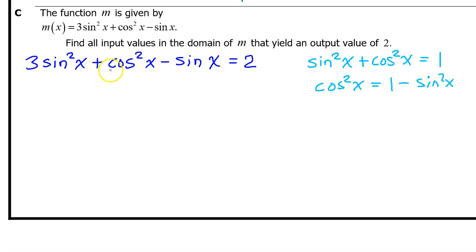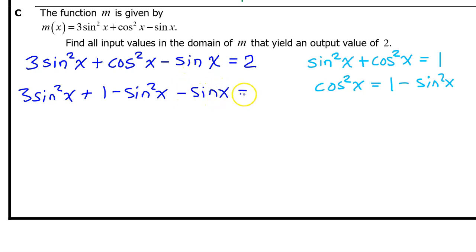So let's replace cosine squared x with 1 minus sine squared x. That will leave 3 sine squared x, and then here it comes, plus 1 minus sine squared x, and then picking up from here, minus sine x is equal to 2.